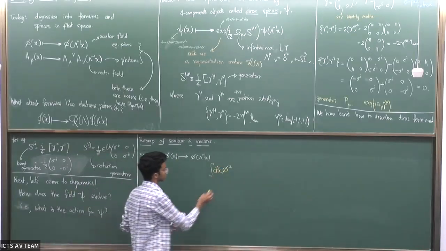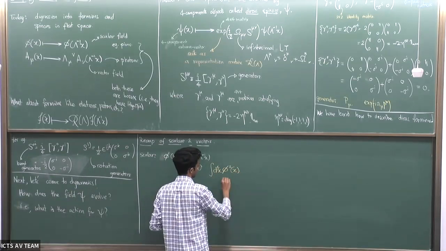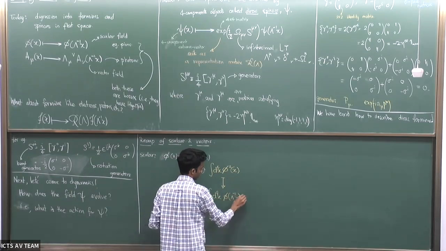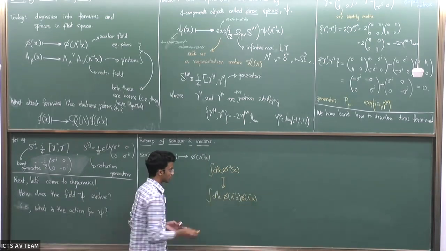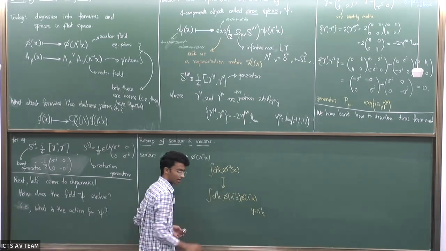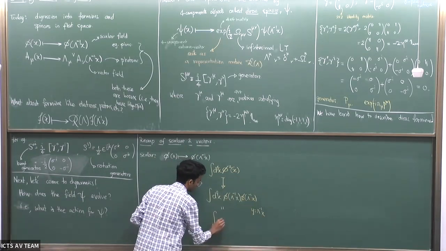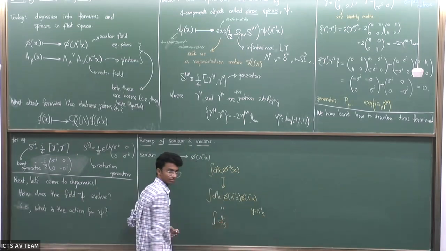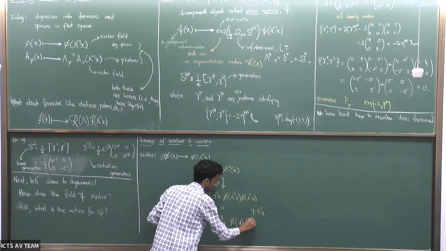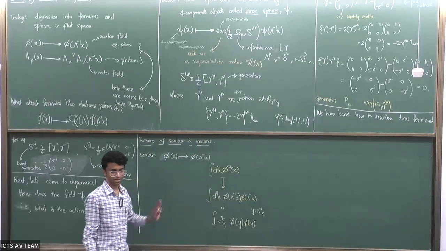Under the transformation, the integral d4x of phi squared becomes the integral d4x phi of lambda inverse x times phi of lambda inverse x. But then you can call y as lambda inverse x. So this will just be equal to the integral d4y phi of y phi of y, which is the same as what I started with.